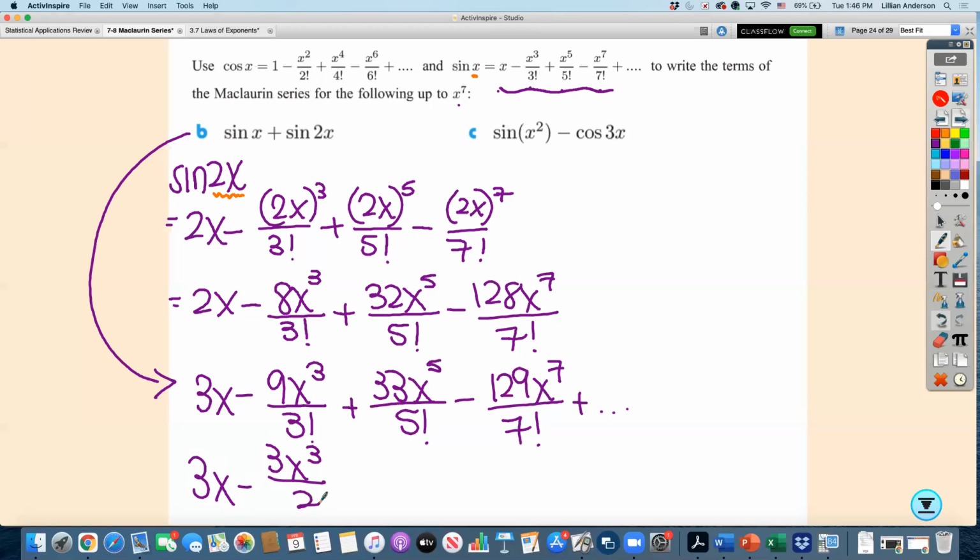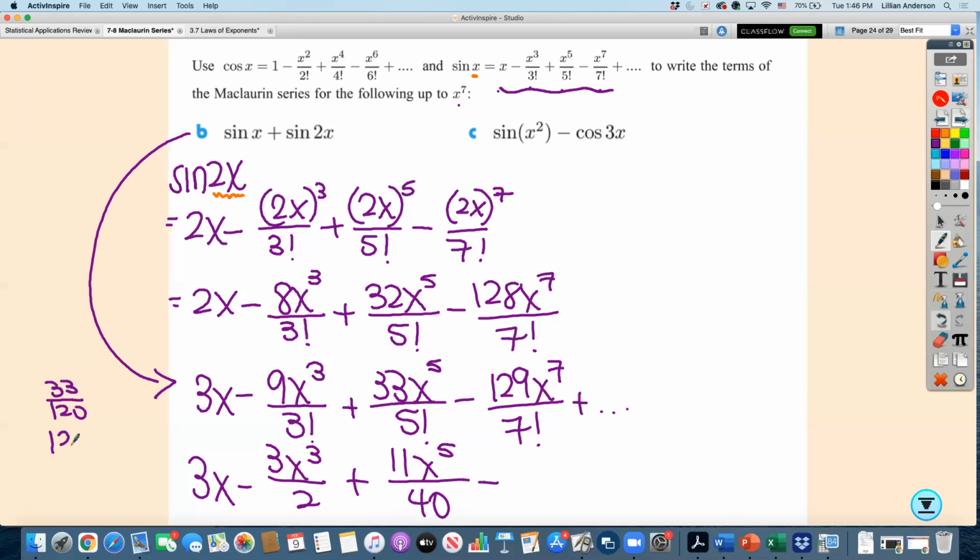What's 5 factorial? Is there a number that goes into 33 that also goes into 120? What is it? 3. So that's going to be 11x to the 5th over 40.